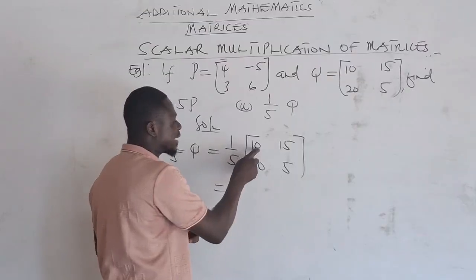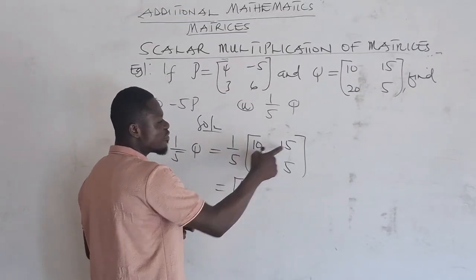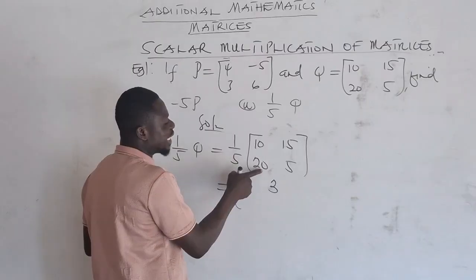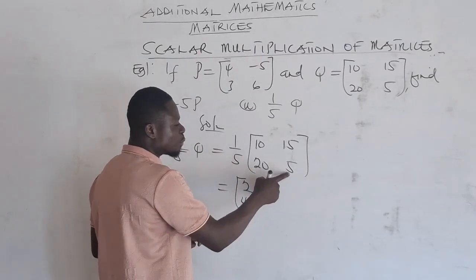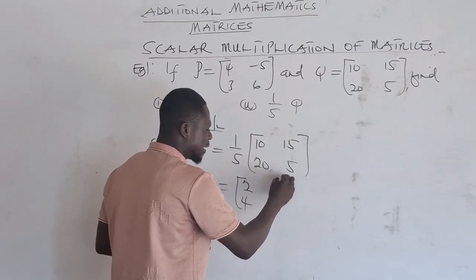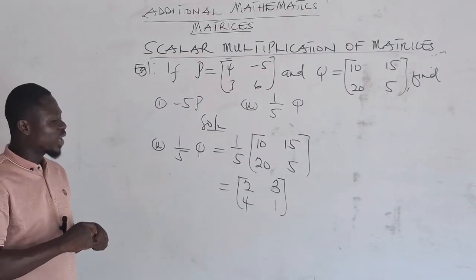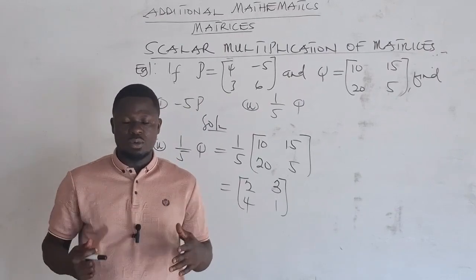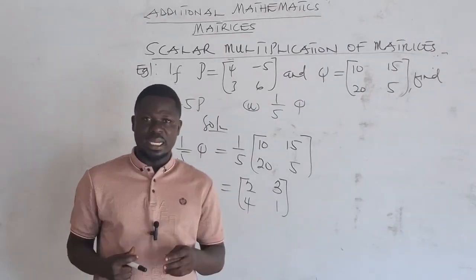So 1/5 by 10 will be 2. 1/5 by 15 will be 3. 1/5 multiplying 20 will be 4. And 1/5 multiplying 5 will be 1. So this will be the result for 1/5 Q. That is the answer, 2, 3, 4, 1.